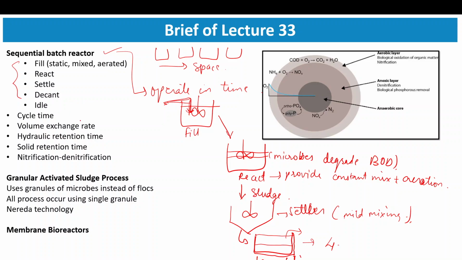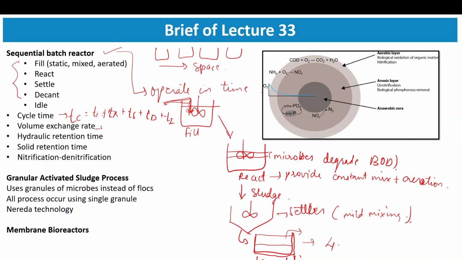The cycle time is the total time taken for all the processes: react, settle, decant, and idle. So total cycle time is the summation of TF plus TR plus TS plus TD plus TI. So this is the total cycle time.